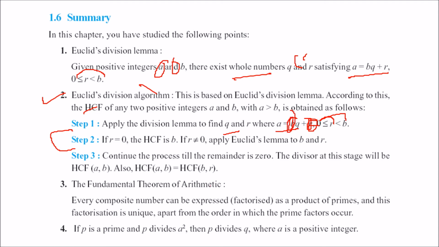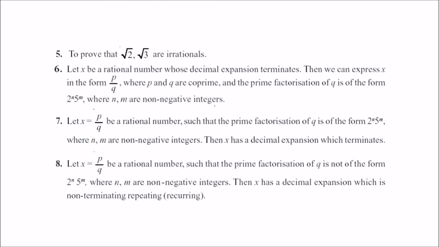The fundamental theorem of arithmetic says that every composite number can be expressed as a product of primes, and this factorization is unique. If p is prime and p divides a square, then p will divide a also, where a is a positive integer.